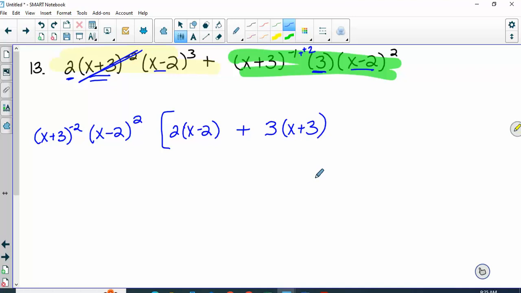You guys all see where I got that? And then the x minus 2 squared, we took out all of that. So we could go ahead and distribute in here.